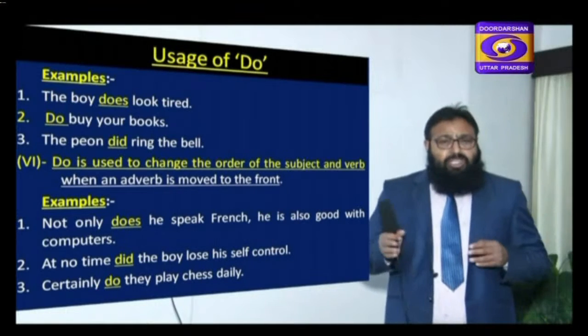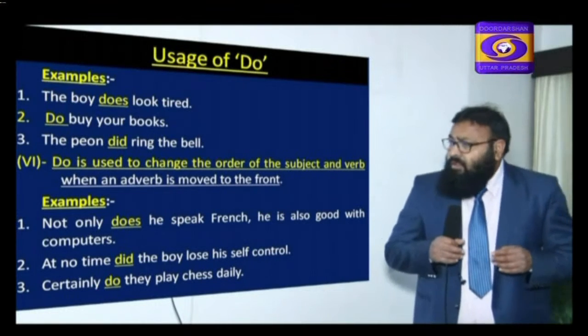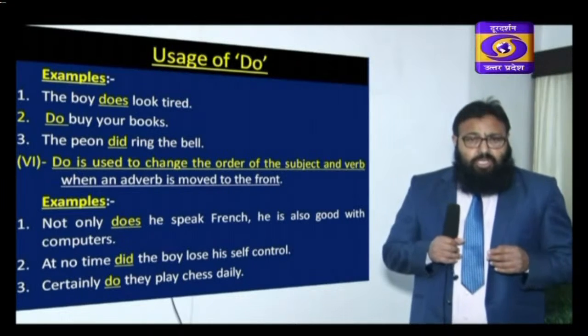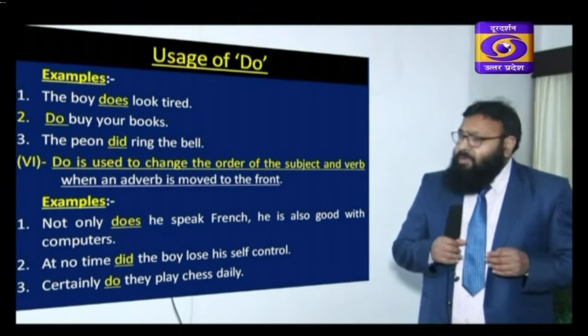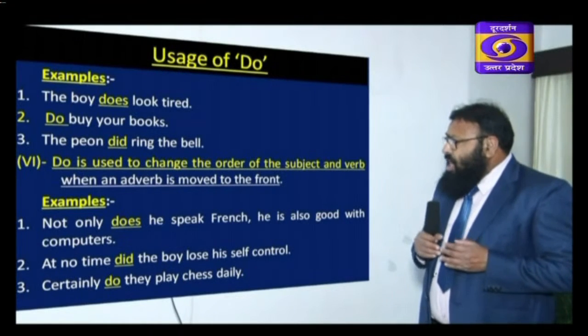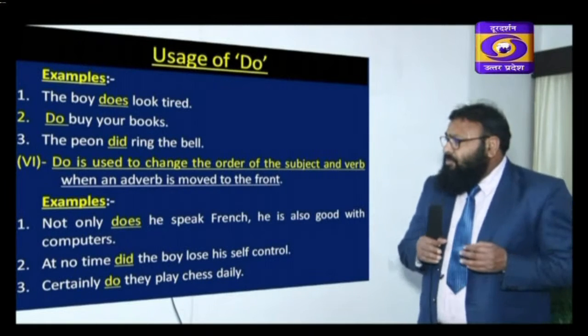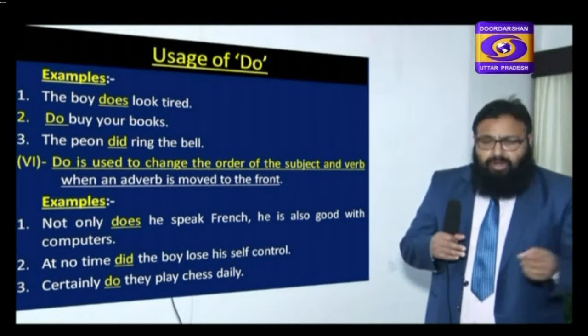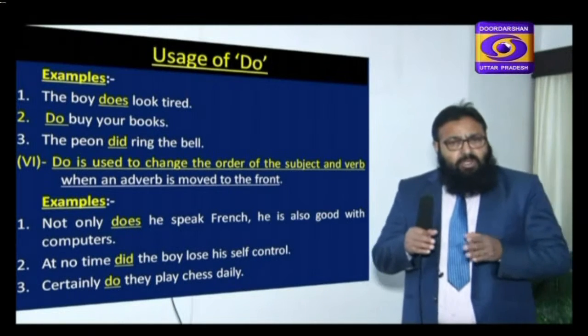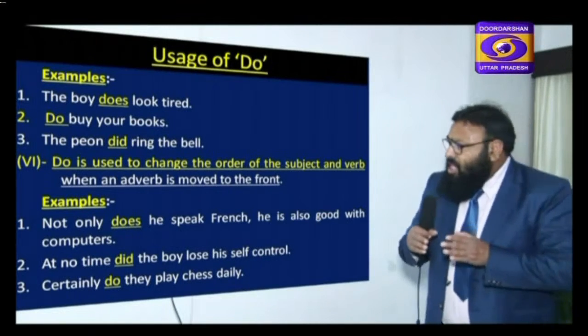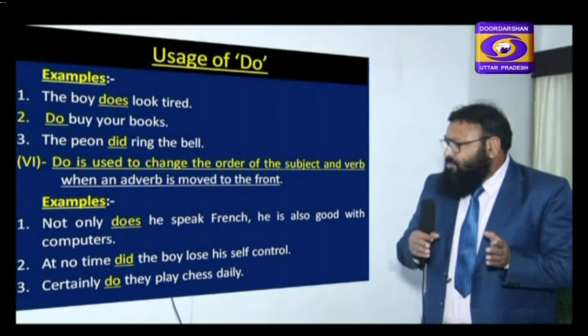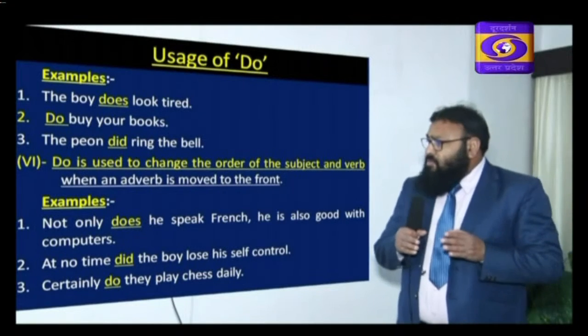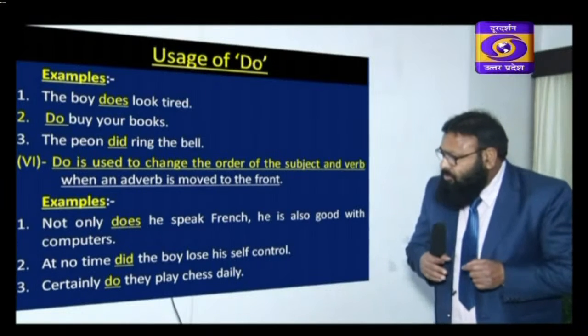Notice, children, when we use it in the second form, then the main verb comes in the first form. Now the sixth usage of do as a helping verb is to change the order of the subject and the verb when an adverb is moved to the front. When we move an adverb to the front, of course we change the order of the subject and verb, and we make use of do.